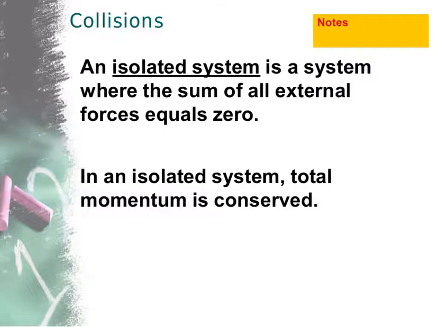But we have a special name for that type of system where all the external forces equal 0, and that's called an isolated system. I just want to make you aware of that vocabulary in case you come across it in the future or in the homework assignment.